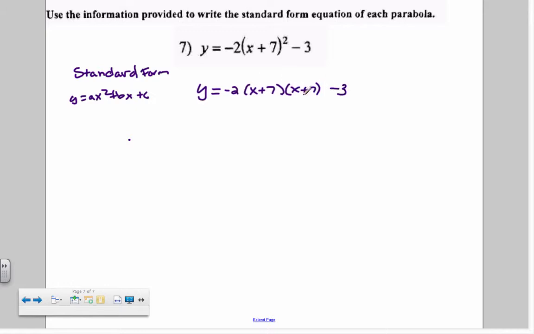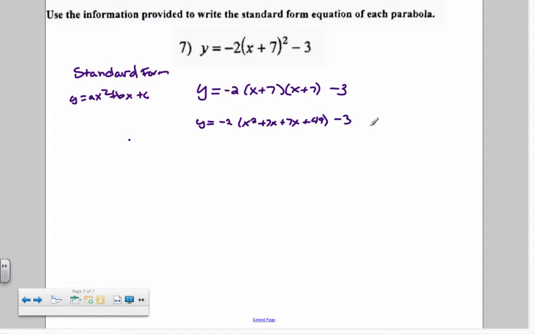And what I do here is I'm going to have to FOIL to multiply those two binomials. So the negative 2 stays in the front, and I'm going to put new parentheses in. I have x times x, that becomes x squared. X times 7, that's 7x. 7 times x, that's 7x. And lastly, 7 times 7, that's 49.